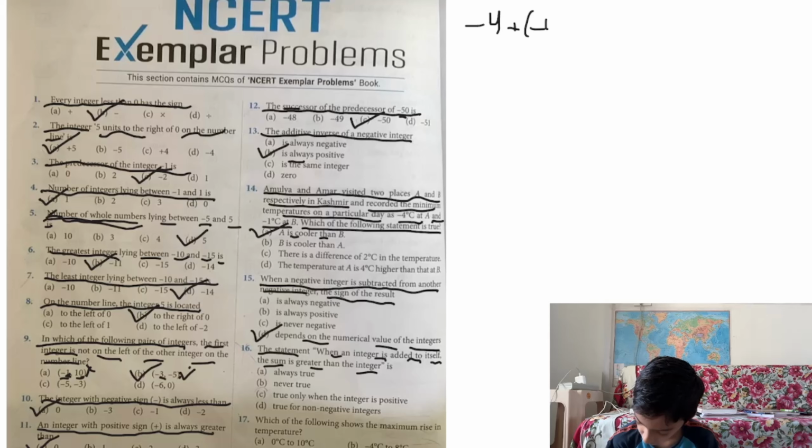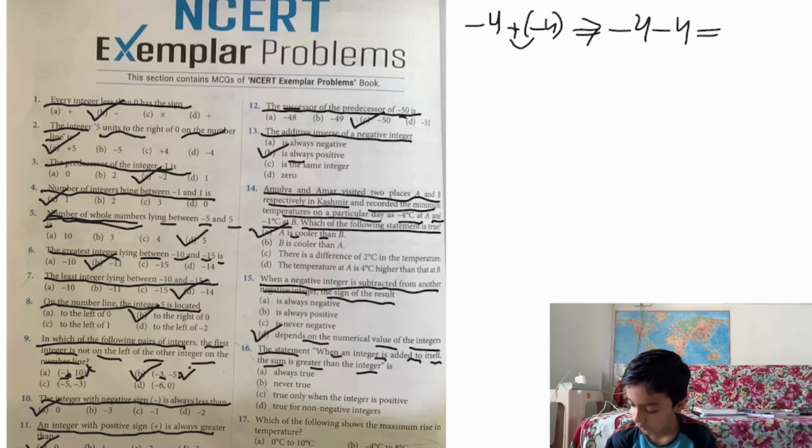So it will be -4 minus 4, which is equal to -8, and -8 is smaller than -4. They are saying that when an integer is added to itself, the sum is greater than the integer.